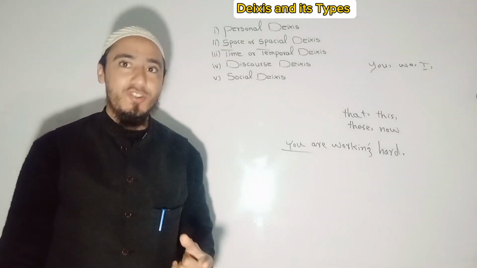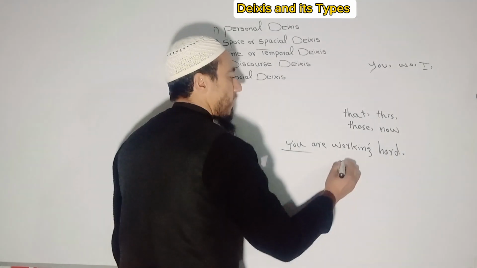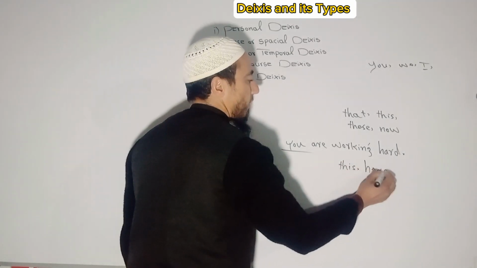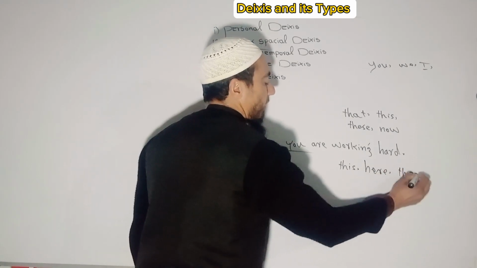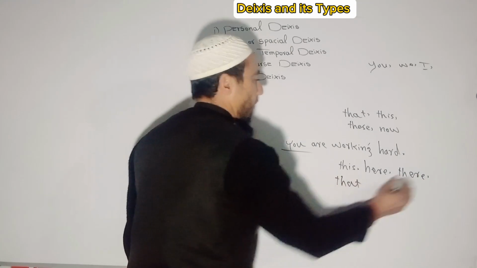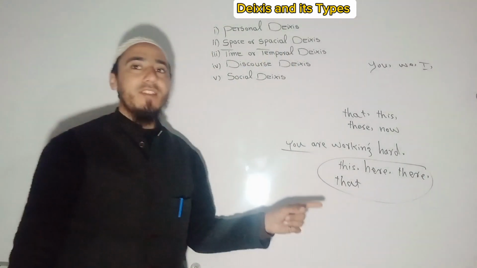Space or location. For example, if I say this, here, there, and that, all these are called space or spatial deixis.